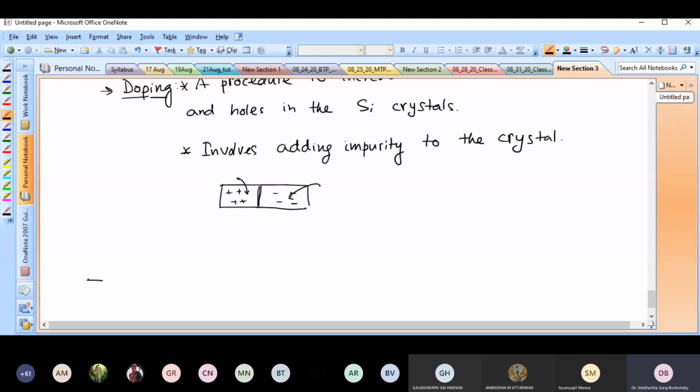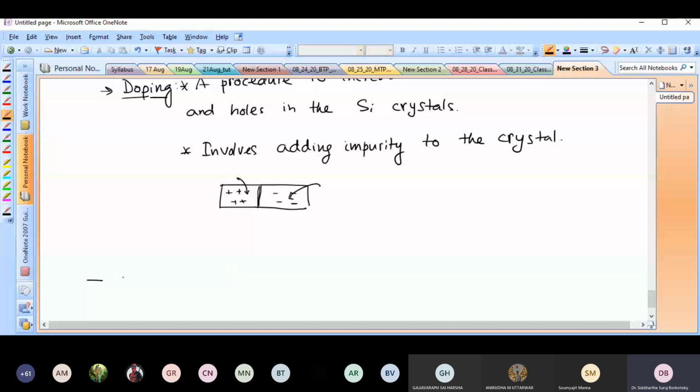These free electrons move around randomly. Eventually, one will find some hole and combine with it. That is called recombination.